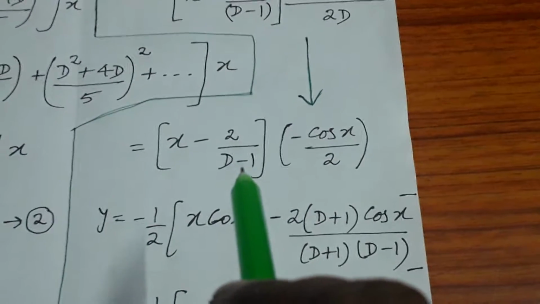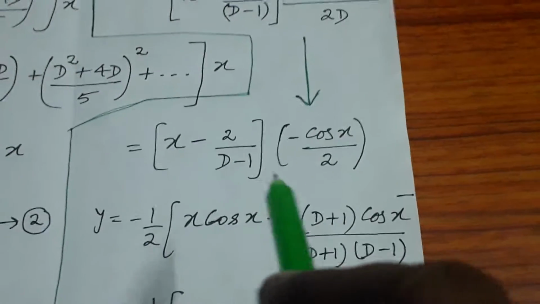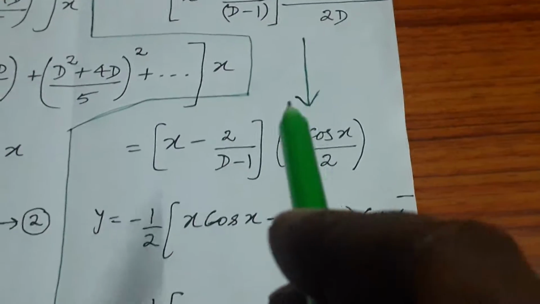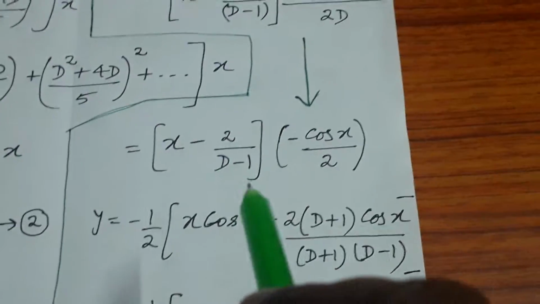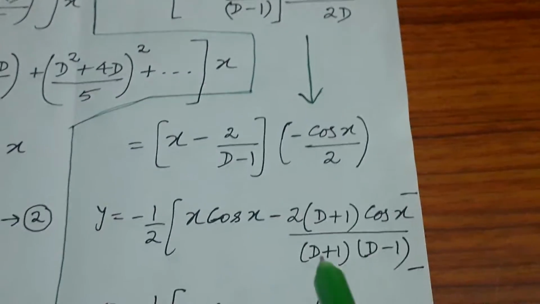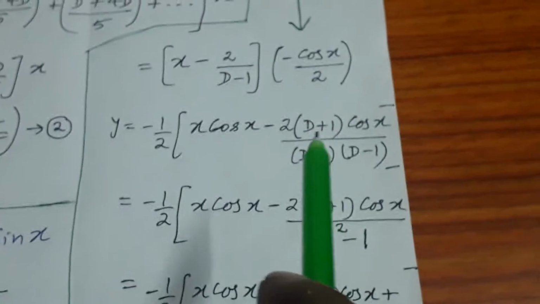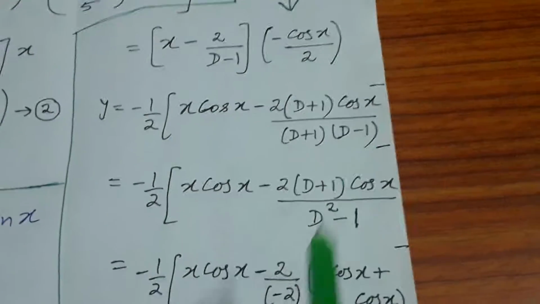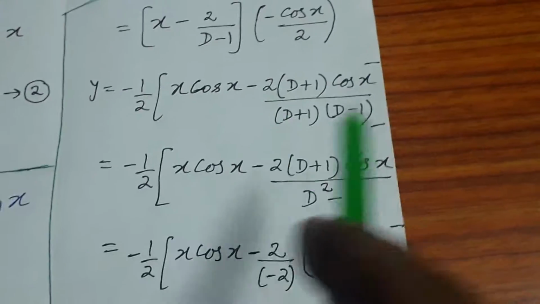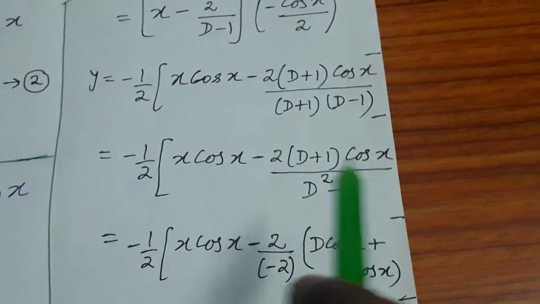Since it is D minus 1, whenever you have D plus 1 or D minus 1 in the denominator, multiply numerator and denominator by the opposite sign: D plus 1 by D plus 1. Clear? Take the cos x inside. What is (a plus b)(a minus b)? a square minus b square. Separate this: D cos x plus cos x.